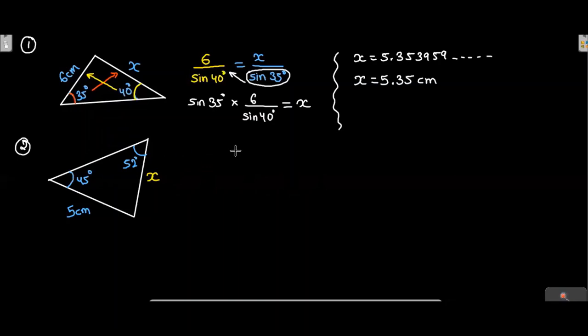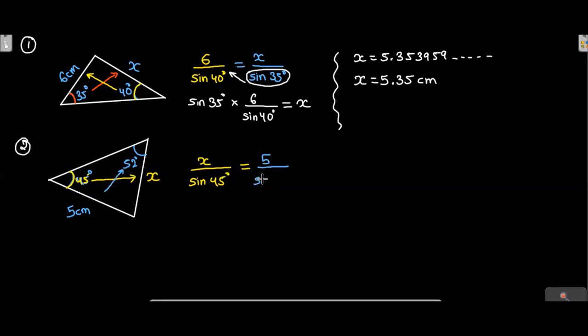As I said, if you're finding an unknown length, the side should be in the numerator. So let us take this 45 degree. According to this 45 degree, the opposite side is this. So I will write x divided by sine of 45 degree equals the other side, 5 centimeter divided by sine of 52 degree, because these are opposite to each other.